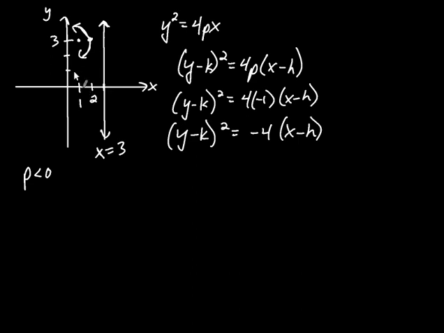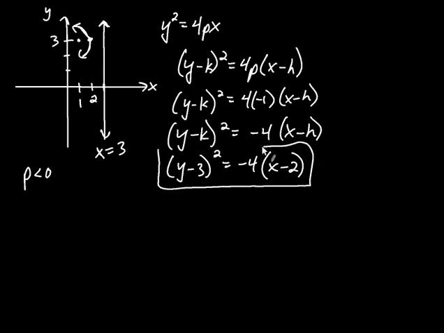So the vertex has been shifted right 2 units and up 3 units. So in this case, h is going to be 2 and k is going to be 3. So we've got y minus 3 squared equals -4 times x minus 2. So we've got a shift of 2 to the right and 3 up. And this would be it. That would be the equation of our shifted parabola, given that information.